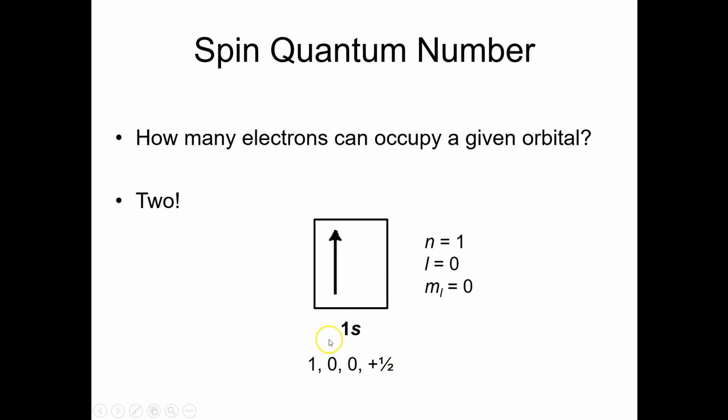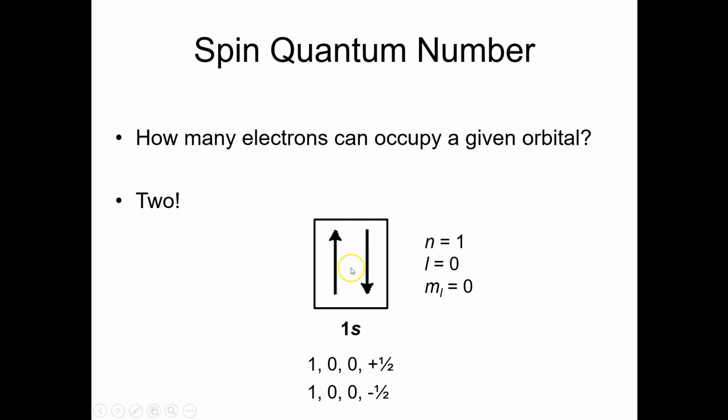So this electron has 4 quantum numbers: 1, 0, 0, plus 1/2. But I can put another electron in there that has these 4 quantum numbers: 1, 0, 0, minus 1/2. Because these two electrons do not have the same 4 quantum numbers, they have 3 in common, but not the 4th, they can both occupy the same orbital.